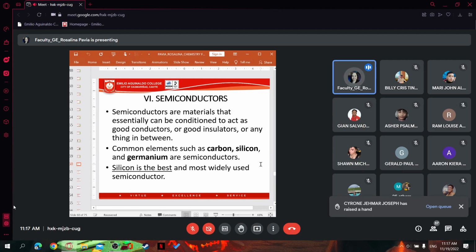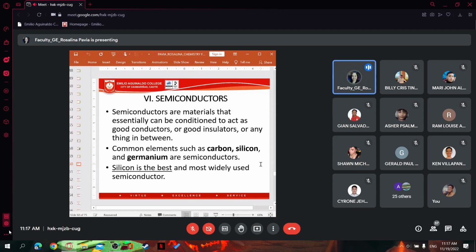May napasali lang si carbon actually, but most of the semiconductors are belonging to what group of elements? Mr. Joseph. Carbon group po. Not necessarily. Mr. Villapando. Ma'am, semi-metals. Okay, semi-metals or the metalloids.